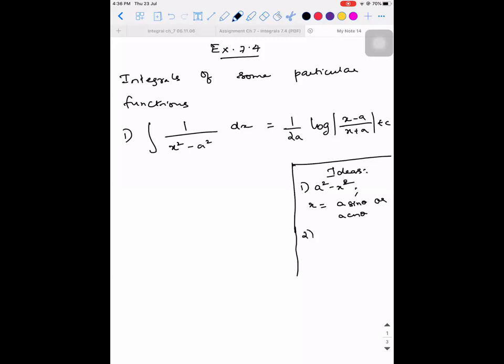I hope you are making a note of it. Similarly, the second one is wherever you see x square plus a square, not only in integral, even in differentiation you can do this. X square plus a square, you put x is equal to a tan theta or a cot theta.